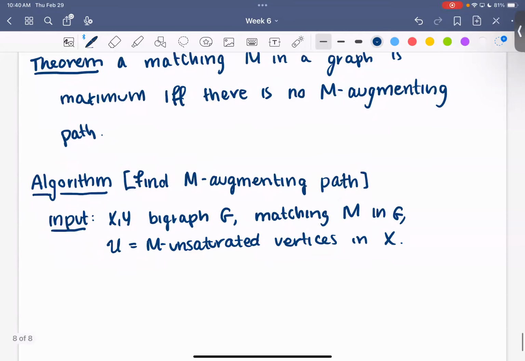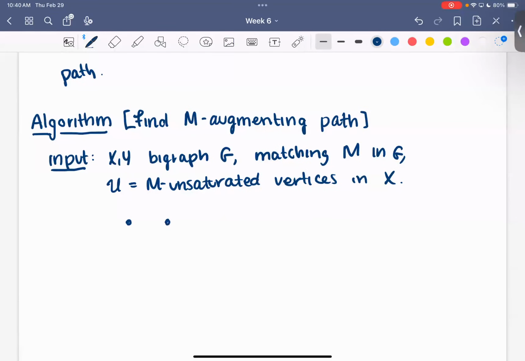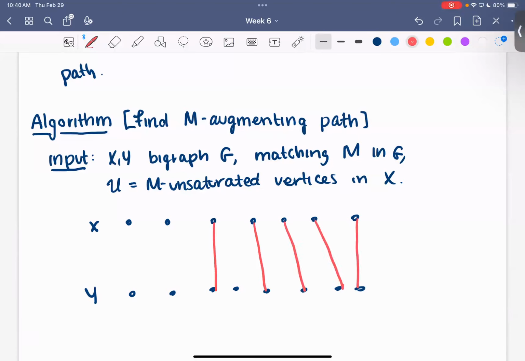Okay, so let me just draw a picture quickly. Let's see, these are our vertices X. And this is Y. And then maybe here's how our matching looks. Then these vertices are U. And maybe I should draw some other edges as well.